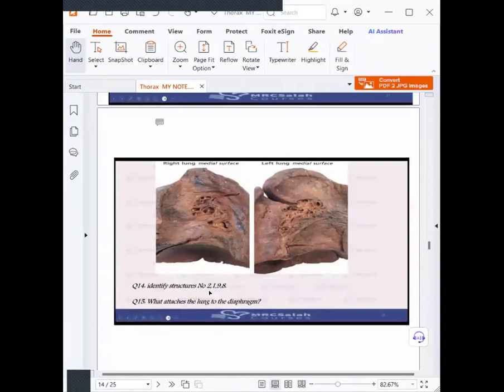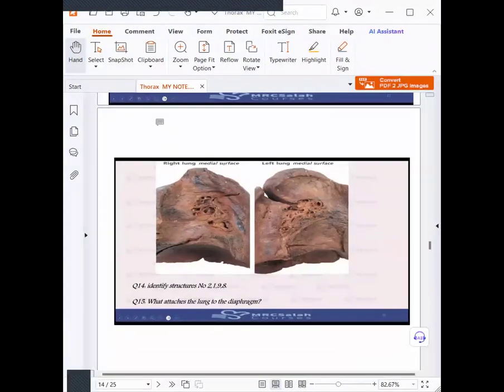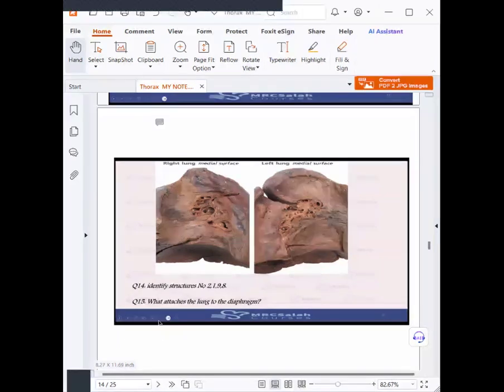Identify structure number 2, 1, 9 and 8, in right and left both. On the right side, number 1 is right principal bronchus. Number 2 is branches of pulmonary arteries, and number 9 is branches of pulmonary vein.